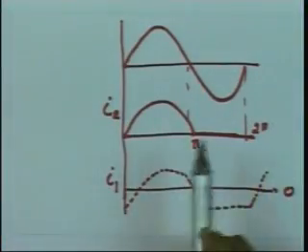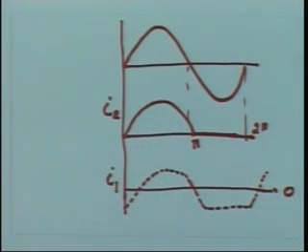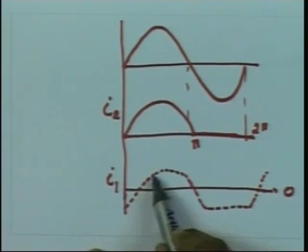Secondary current, the primary current should not have a DC component, rest all the components should be there in the primary. So primary current looks like this.